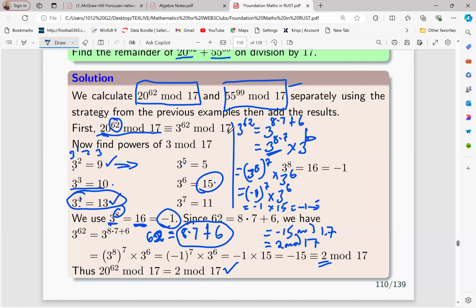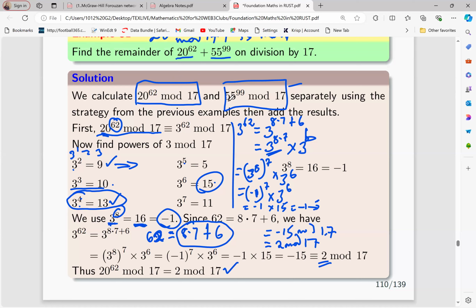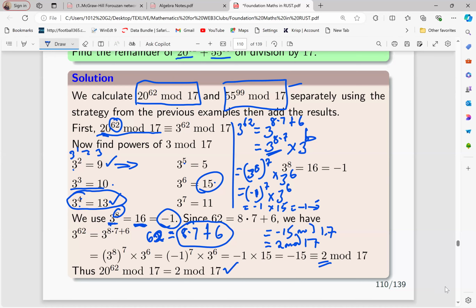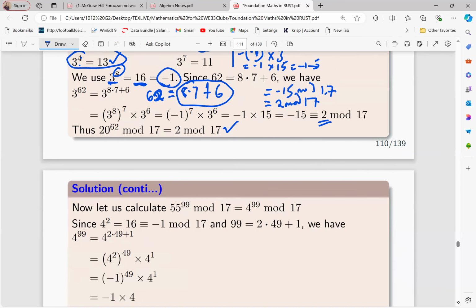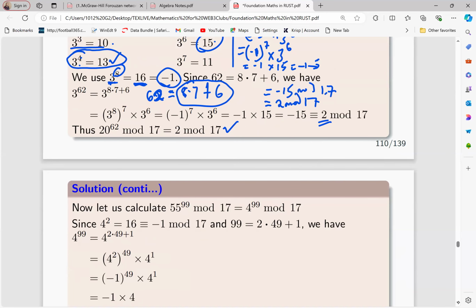Then in a similar way, you work out 55 raised to 99. First of all, reduce 55 divided by 17. The remainder is 4. So that means 55 raised to 99 is the same as 4 raised to 99, mod 17.